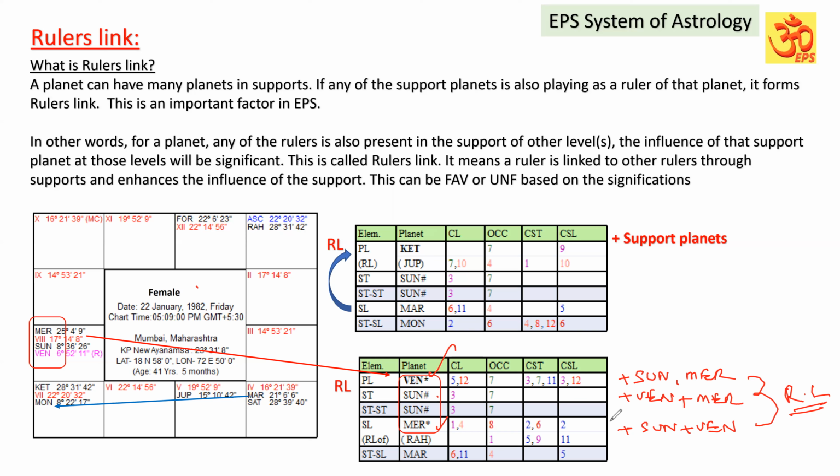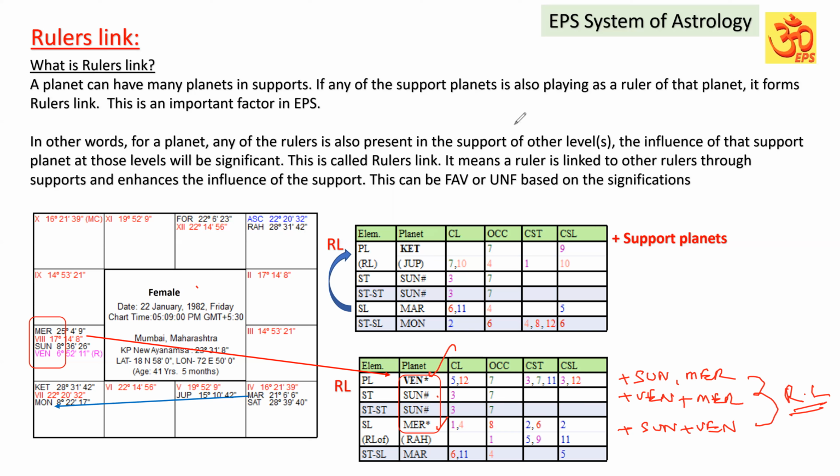Impact will be there. But the ruler's link is forming a good point: Venus and Star Lord, Sublord, through the supports, will get some significant impact.